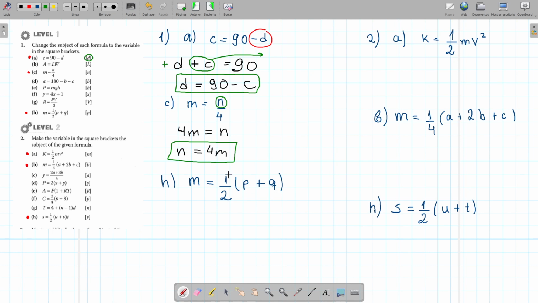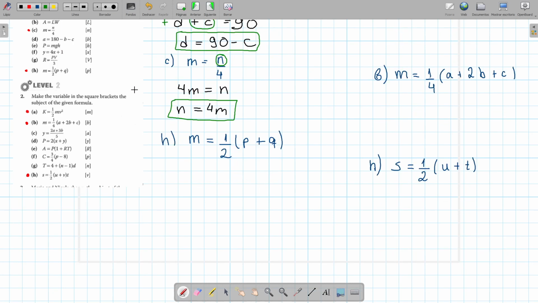What happened here? Here we have to solve for p. P is right here. But the problem is that p is inside a parenthesis, so we have to put this parenthesis away. We can do it by looking at this fraction.